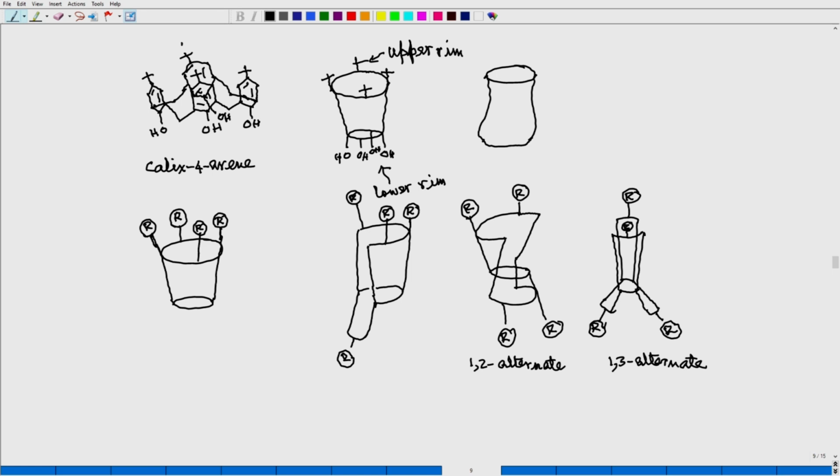Okay? And in this case, only one of them gets inverted, and finally, the original one, all 4 are uninverted.